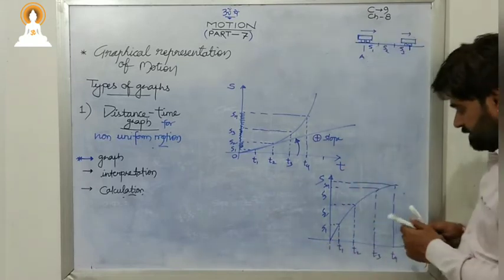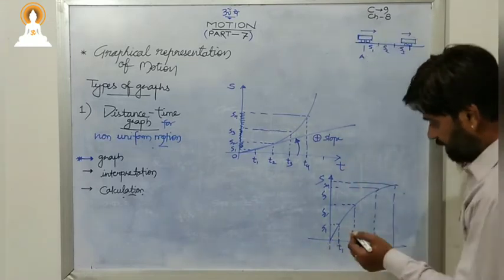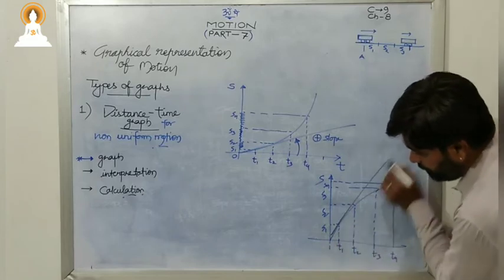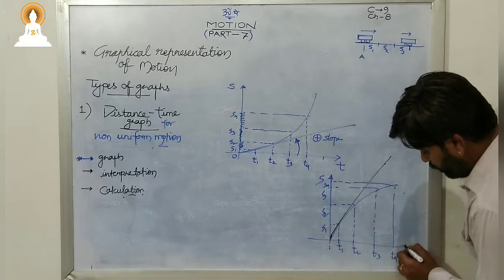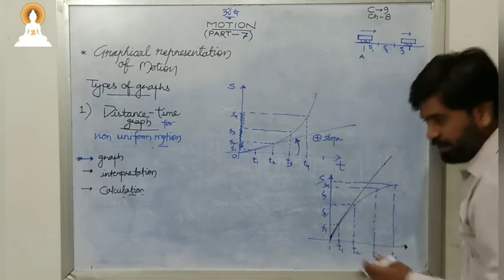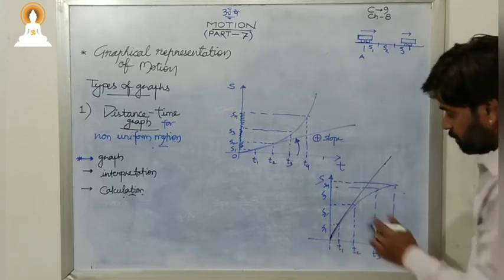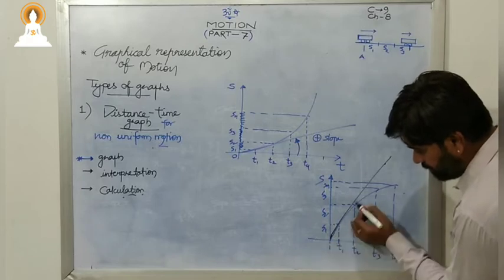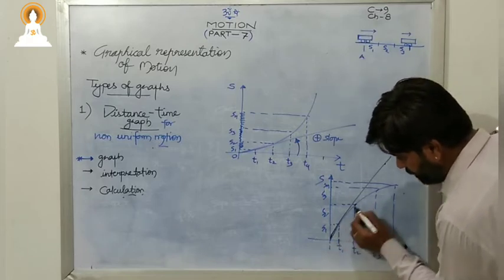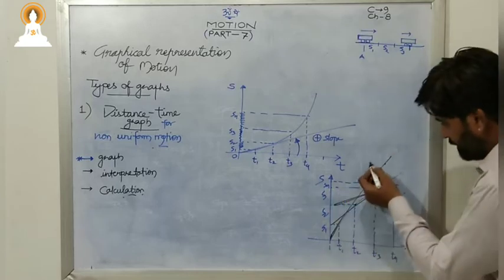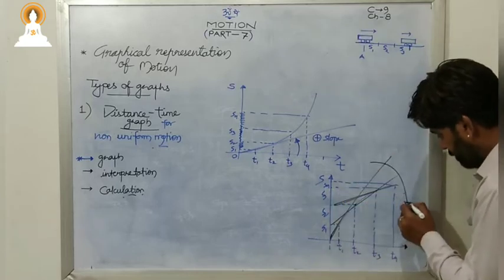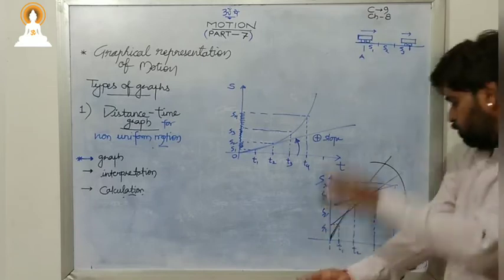So in this case, see the graph, initially the graph was like this. As I have told you, if you want to identify whether the slope is positive or negative, just take one position. If you look at this, it is actually moving in this direction, means it is going towards the x-axis.